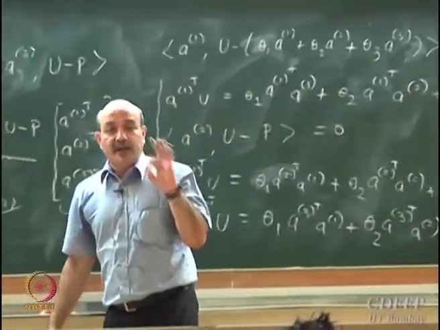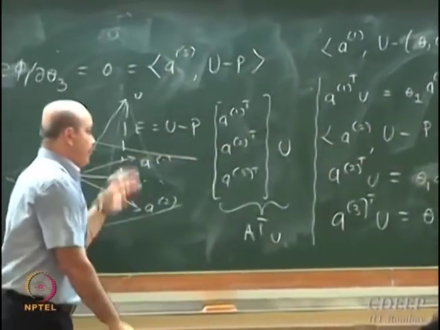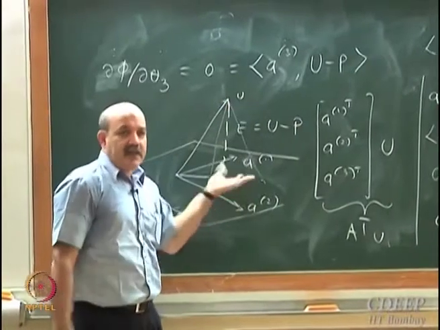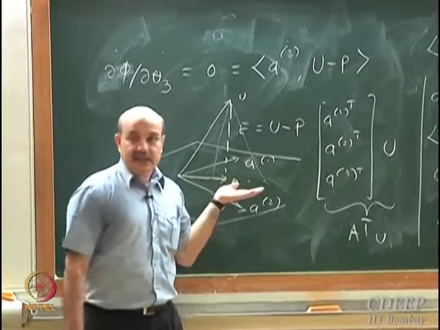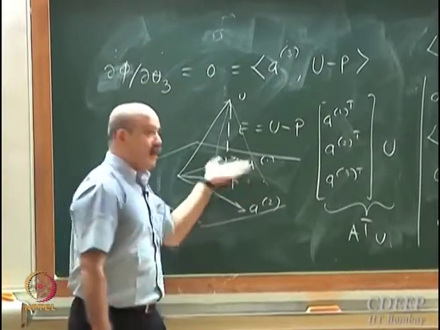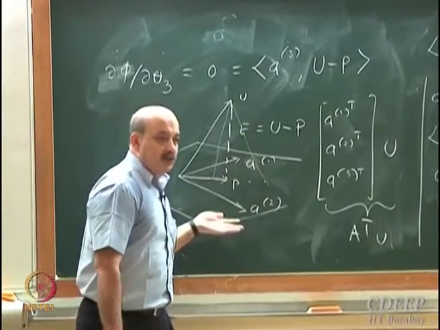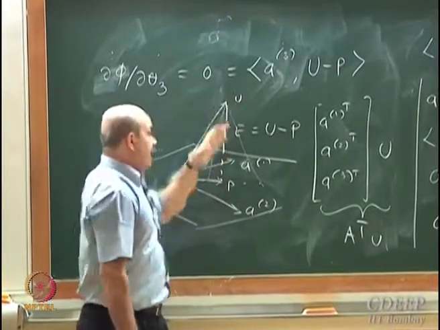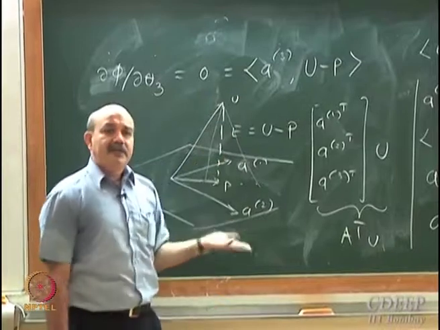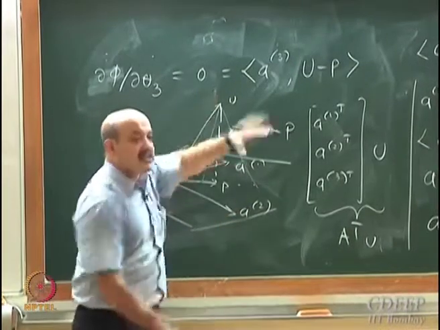We could recover this result purely through geometric arguments of projection. We said that what is happening here is we are trying to find that vector in the plane spanned by A1, A2 which is at the closest distance from a vector which is outside this plane. Why do we need least squares? Because this vector is not lying in this plane.